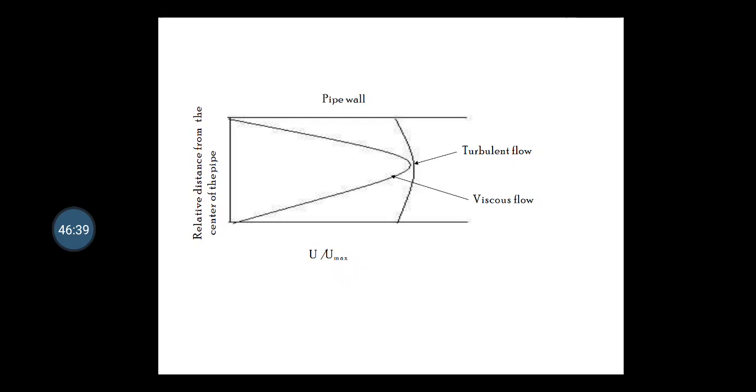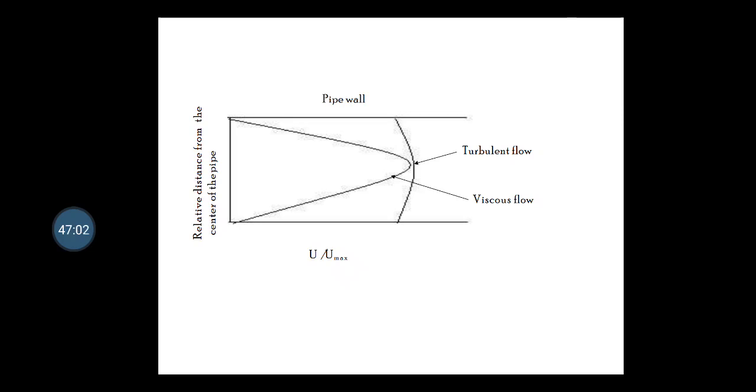I have already discussed the difference between turbulent and laminar flow in the last slide. Since the velocity of the fluid is zero at the wall surface, there should be some layers in the viscous flow near the pipe wall which act as a stagnant layer.